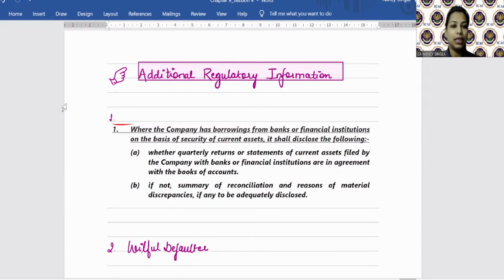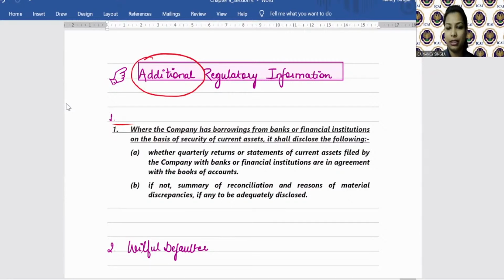We have done the disclosure with respect to all the balance sheet items which we have covered so far. But there is certain additional regulatory information which the company is required to give with respect to various items of financial statement.